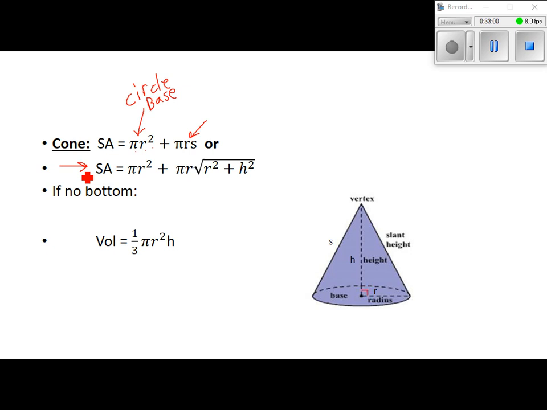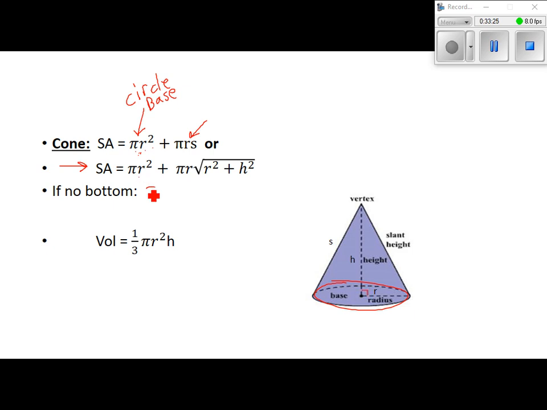If there is no bottom, a lot of cones that we deal with might not have that circular part of it, might just be the cone part of it, so that you can fill it up or whatever, like a funnel or something. Well, then it doesn't have that circle. It doesn't have that bottom or top or whatever you want to call it. Well, all we do in this formula is we just get rid of the circle part.